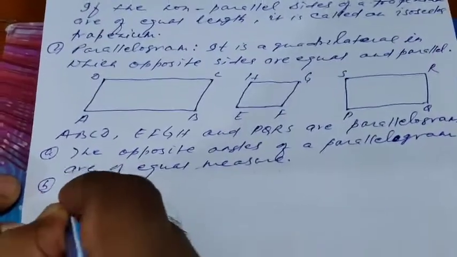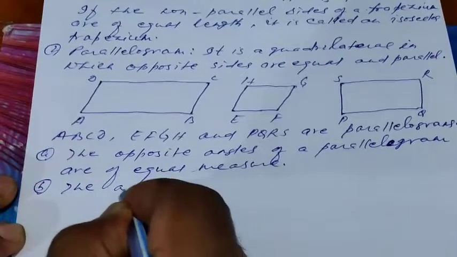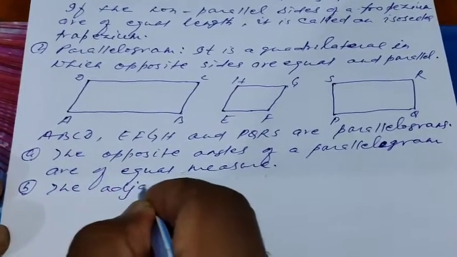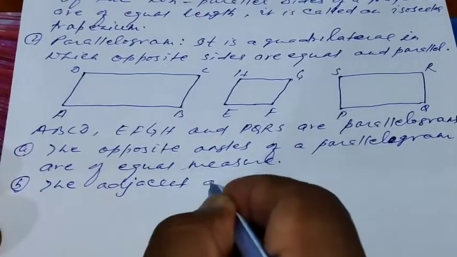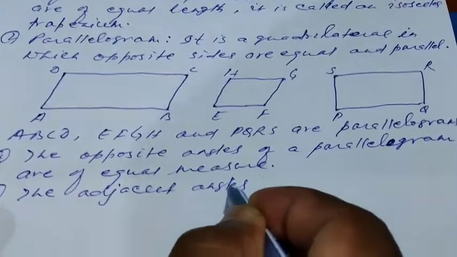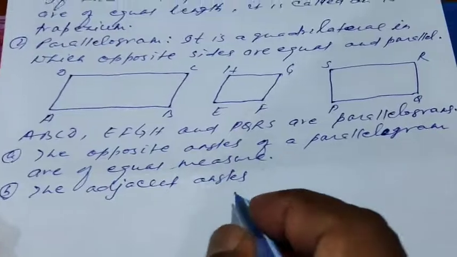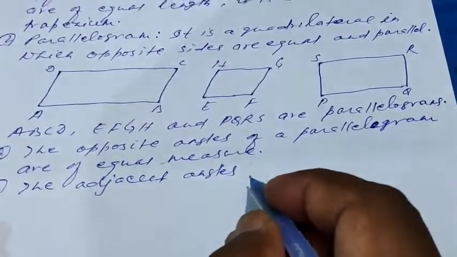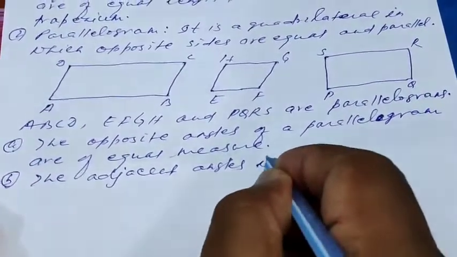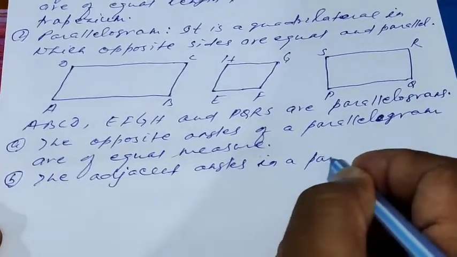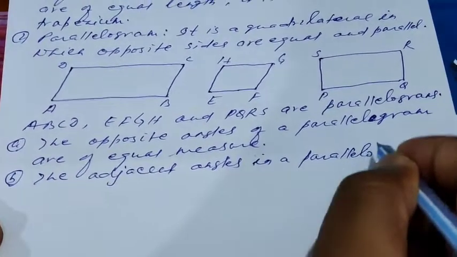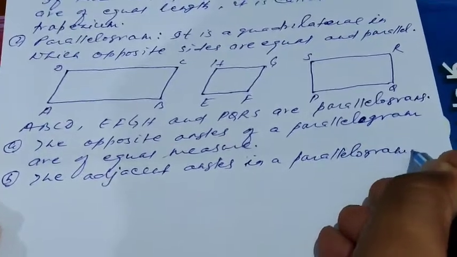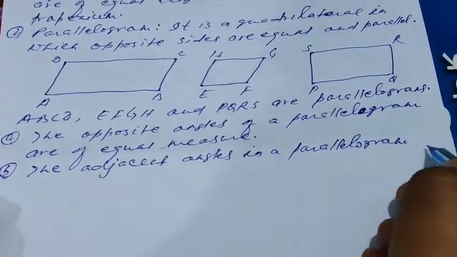B: The adjacent angles in a parallelogram are supplementary.